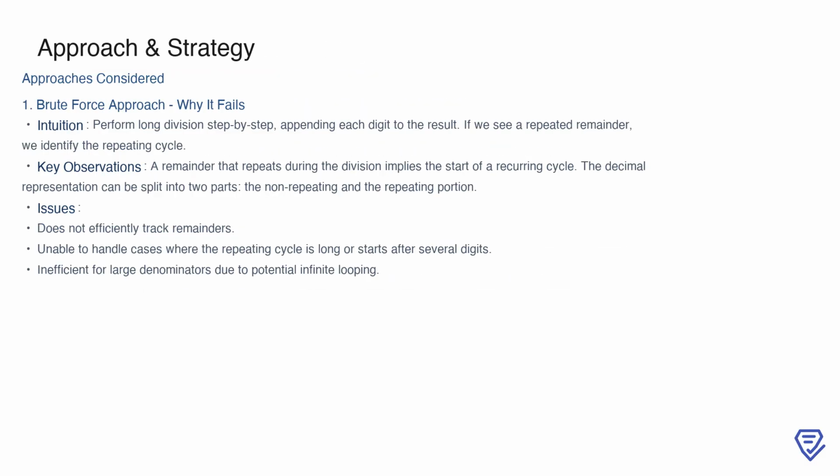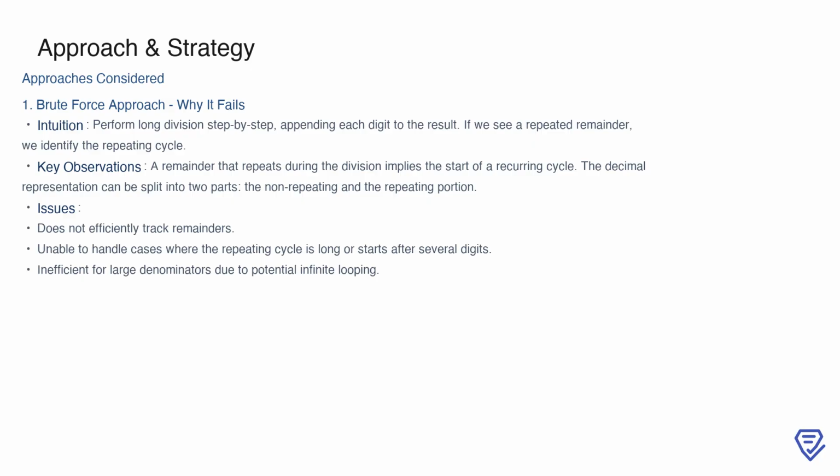When tackling this problem, one intuitive approach might be to perform long division step by step, appending each digit to the result as we go. The idea would be to detect a repeating cycle by noticing when a remainder appears for the second time. This would allow us to split the decimal into two parts, the non-repeating portion and the repeating portion. However, this brute force method quickly runs into issues.